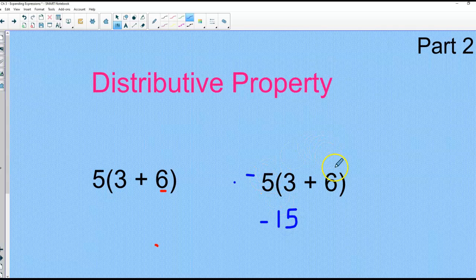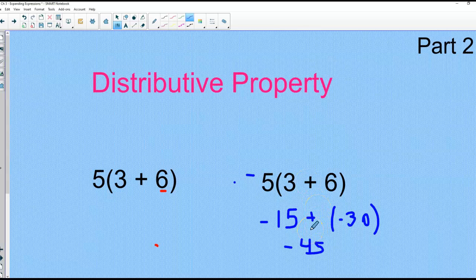Negative 5 times 6 would be negative 30. Right? And we want to add them together. So we would get a negative 45. So don't let the negative throw you. You know your rules, what to do when it is multiplication versus when you're adding them together. You know the difference here.